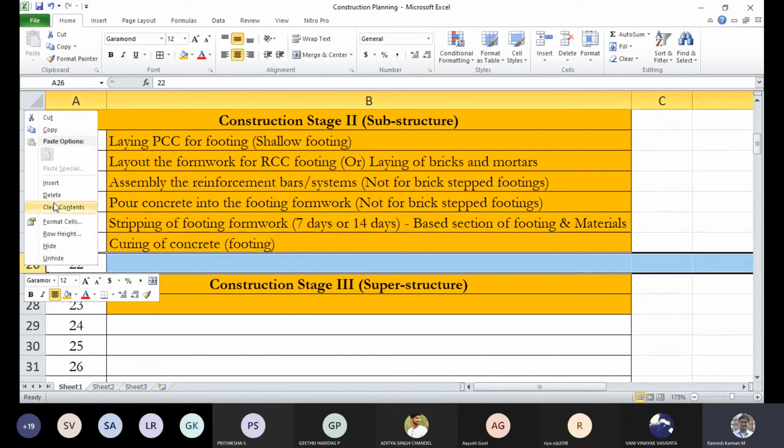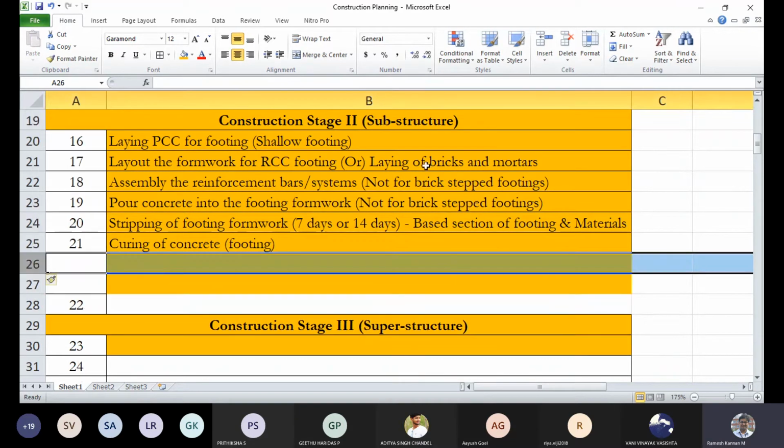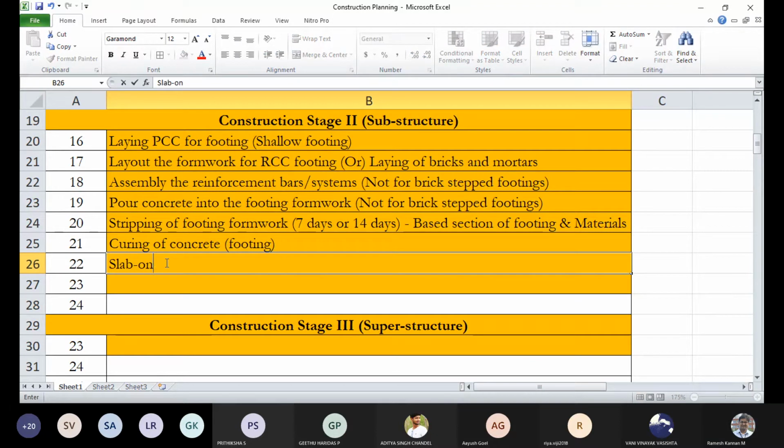So I think sometimes there's an area that is intermediate between substructure and a superstructure. Say that is called plinth beam and the soil smoothing. If it is a slab on grade, which is the flooring part, if it is there, then you should look into the consolidation of soil.